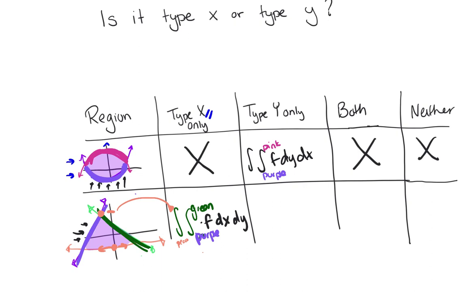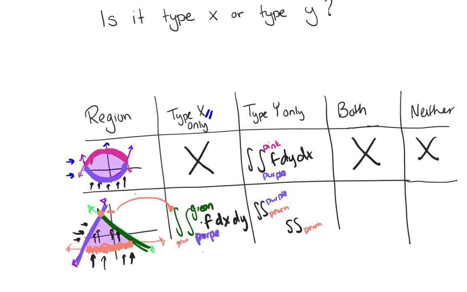But if I try to do type Y, I'm moving bottom to top. I do see always peach on the bottom. That's great. But then as I'm going to leave this surface, I'm going to have purple on one side, but green on the other. So if I tried to set it up as type Y, I would actually have to use two different integrals. One would go from peach to purple, and the other would go from peach to green, depending on where you are.